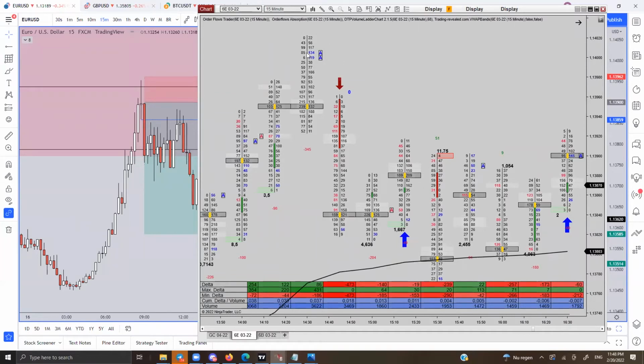Now look at what happened here. The software printed these A's, absorption. And this is buyers absorption. That means these buyers, 134 lots, 119 lots, these buyers are the last buyers who thought that price will go up. Maybe they are small hedge funds or small institutions.